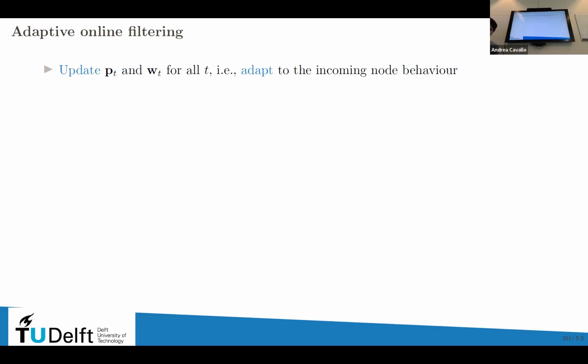So one reason we thought was, okay, why not make this part adaptive as well? So to do this, the goal now becomes, in addition to doing the online filtering, we also try to update PT and WT, right? And to do this, we have a dictionary of attachment rules, based on things like uniform, degree based, eigenvector centrality.